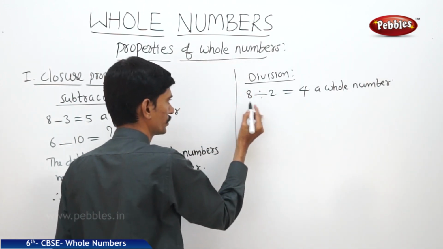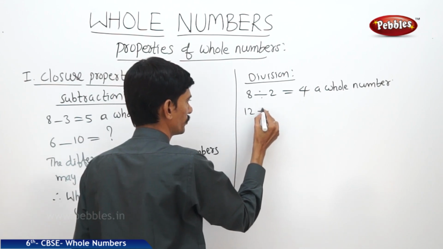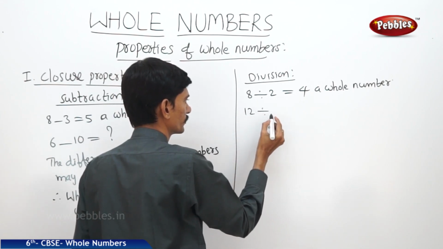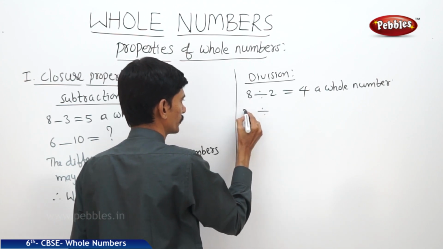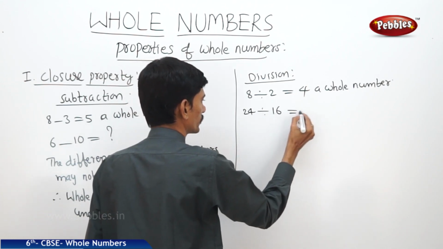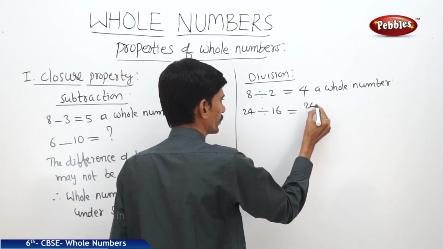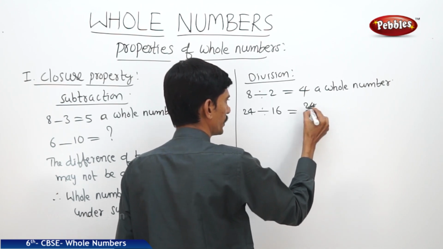And if we take 24 divided by 16, this equals 24 by 16. 8 2s are 16, 8 3s are 24.